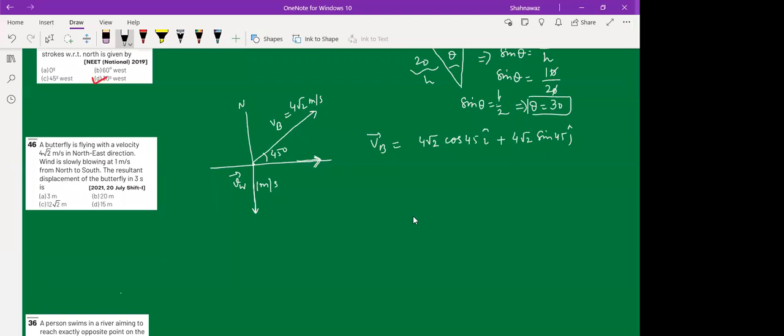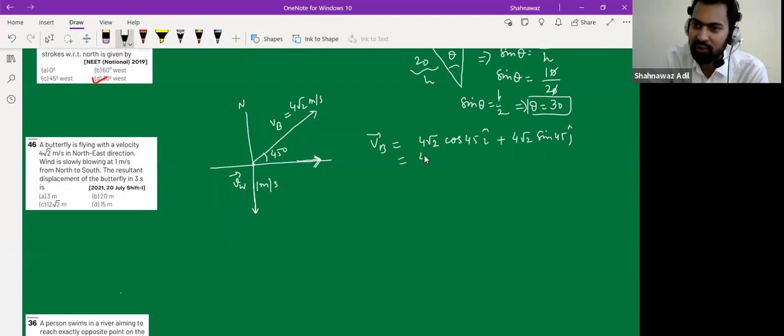So this will be 4 root 2 by root 2, and this will be the same. So this one cancels. So this will be 4i plus 4j.